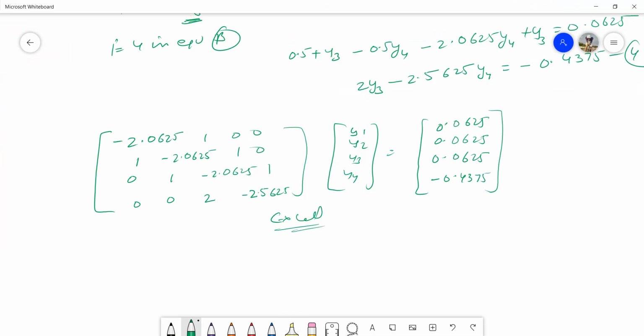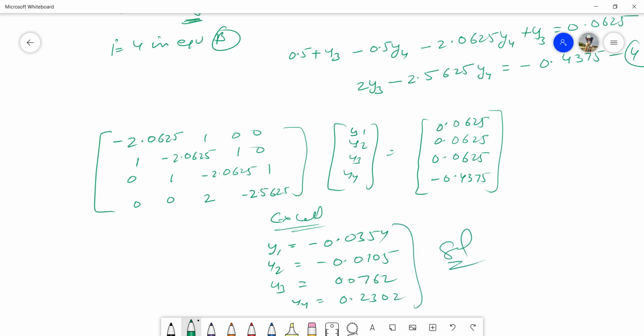So the value of y1 is minus 0.0354, y2 is minus 0.0105, y3 is 0.0764, and y4 is 0.23. So that's the solution. So this is how you solve a mixed boundary value problem using the finite difference method.